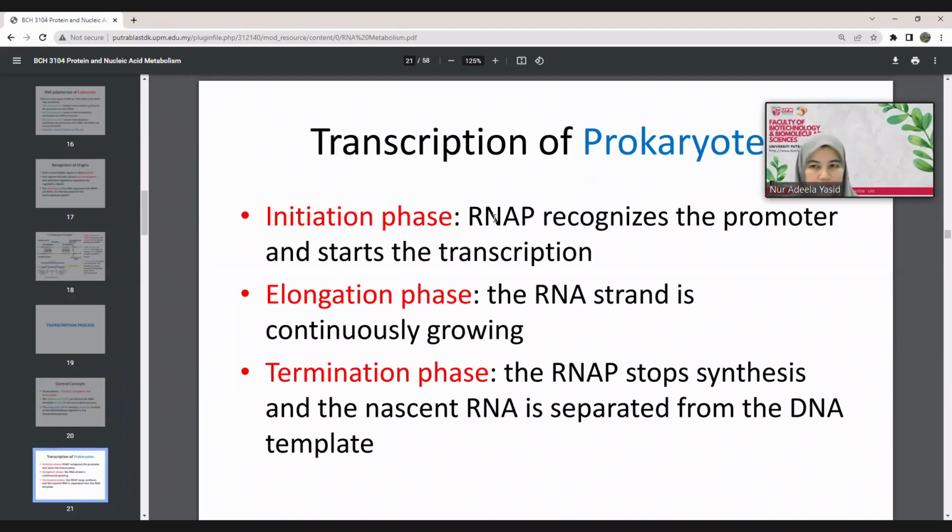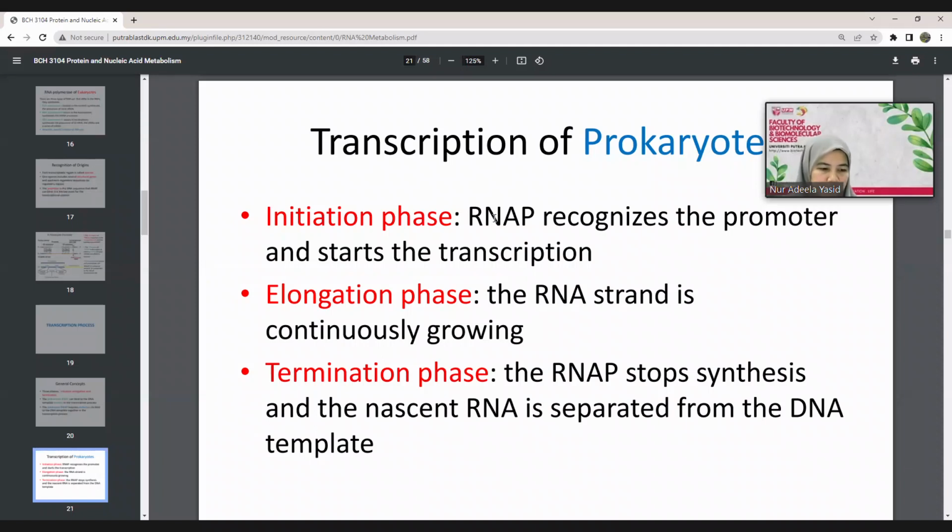Now let's look at what happens in the three phases. The initiation phase is about the recognition of the promoter by RNA polymerase and the binding of the enzyme to the promoter, and this is where the transcription process is initiated. The elongation phase is where the RNA strand is synthesized and continuously growing.